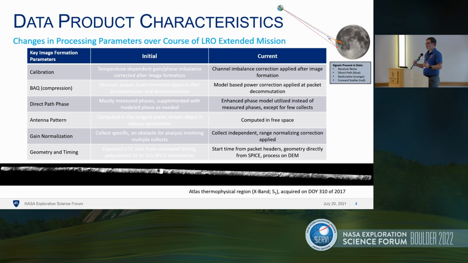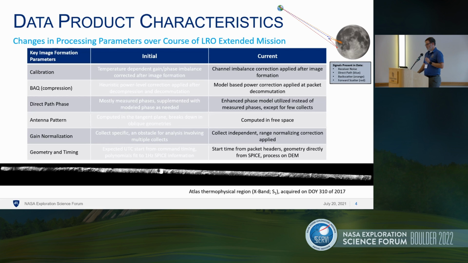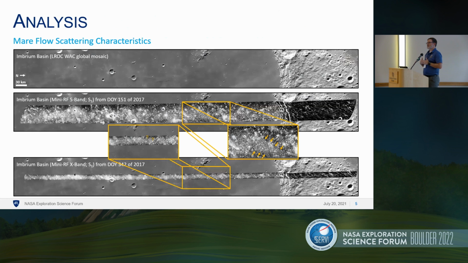We've done a lot of work, but what I'm showing you in these two images are the same part of the surface, the same radar image. We've reformed the data on a slightly different part of the surface where we know the data quality is very good. So we've learned a lot, and we want to start taking that data and applying it to the surface and learning things about the moon at X-band.